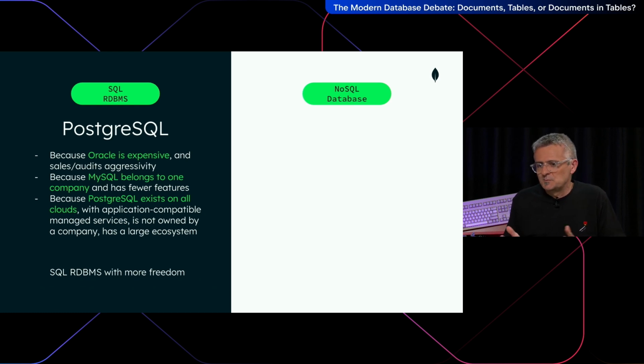MySQL is open source, but also belongs to a company. Postgres is open source, but also doesn't belong to a company. So it really presents some freedom. And you also have a lot of companies around it if you need different managed services. So I think Postgres is popular because it gives the freedom for relational databases, where you can go to one managed service and maybe move to another without changing your application because it's still Postgres compatible.